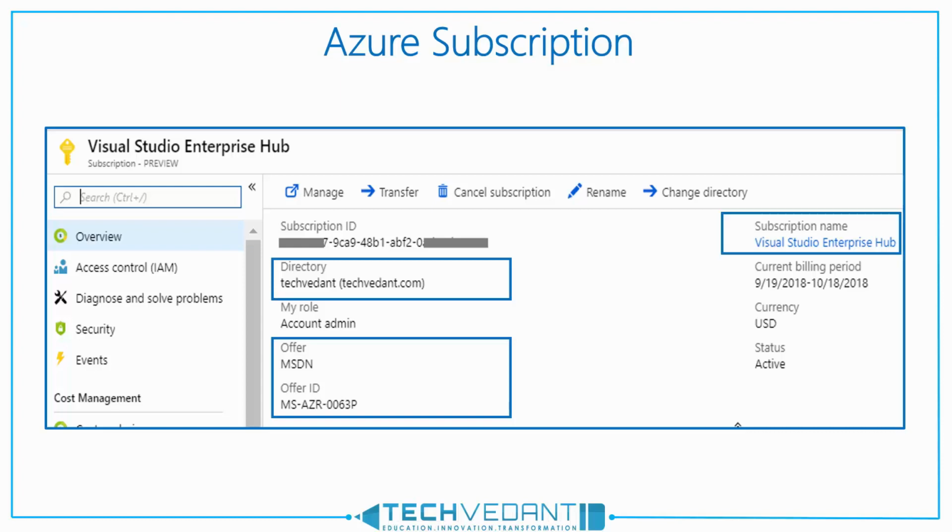The subscription name is just an alias for the subscription ID. The subscription name can be changed anytime and need not be unique. Fourth, subscription ID. Each subscription has a subscription ID which identifies it across all Azure consumers. Two customers can have subscriptions with the same name but not with the same subscription ID.